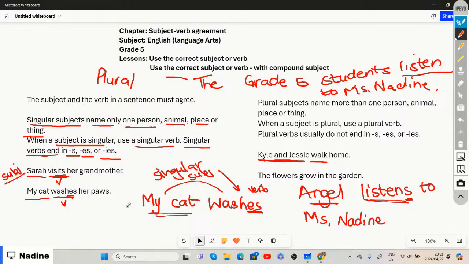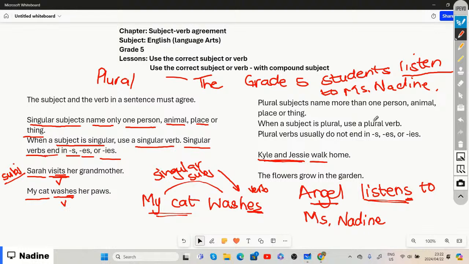Once we make mention of one person doing something, then our verb ends with S, ES, or IES. But as soon as we have a plural subject which refers to more than one person doing an action, then it does not end with an S, ES, or IES. We remove that S.